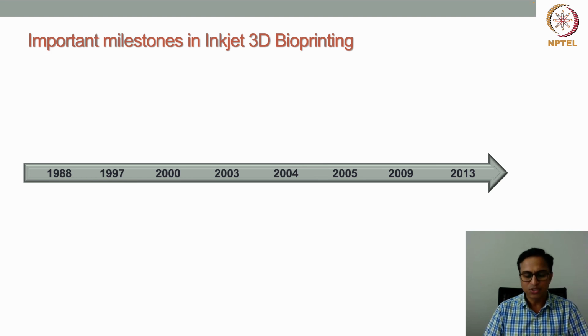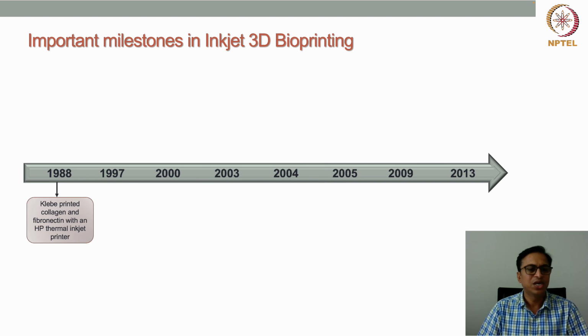So we'll see that. It started around 1988, when Klebe and his group first found that the HP thermal inkjet printer can be used for printing biomaterials like collagen and fibronectin. That was the very first attempt at printing biomaterials or biomolecules with an inkjet bioprinter.